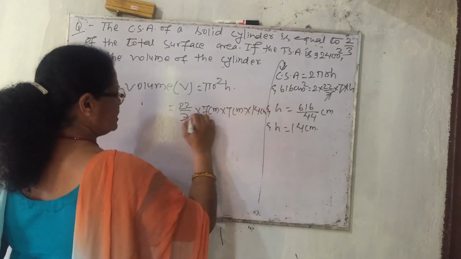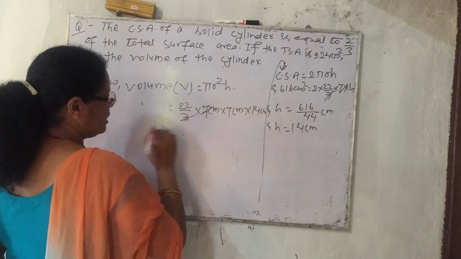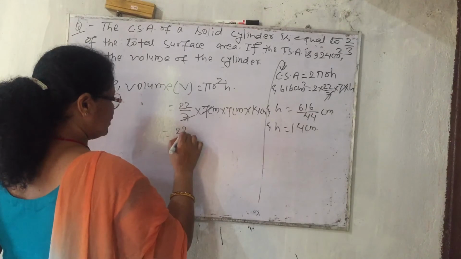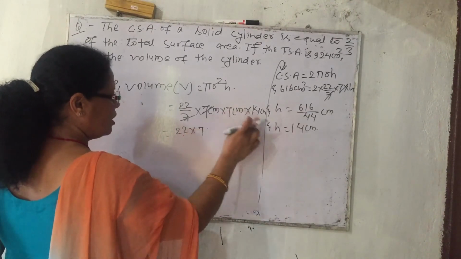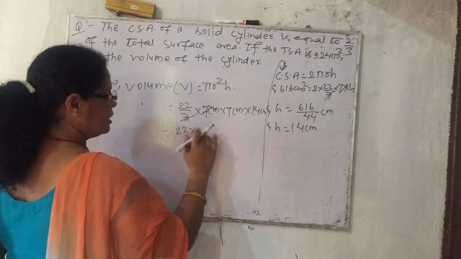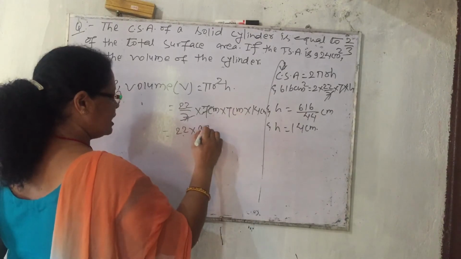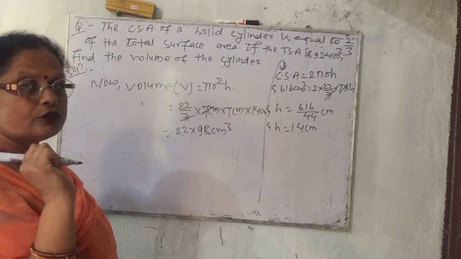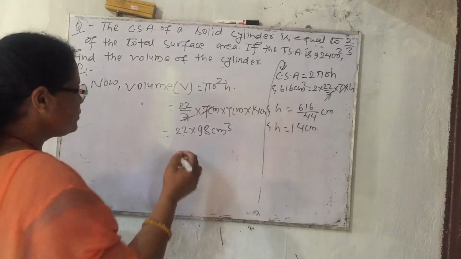into h, which is 14 cm. This 7 and 7 cancel, equals 22 into 7 into 14. 22 into 7, or we can write 98 cm, and we are finding volume, so its unit will be cube.